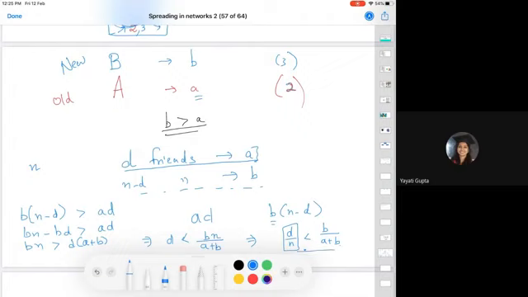So first of all, if the fraction of his friends who are sticking with the old technology is less than B divided by A plus B, or the fraction of his friends who are sticking with this new technology is greater than A divided by A plus B. So you can also get this from the same formulation. It will become more clear when we start doing the hands-on. I'll again explain it once there.